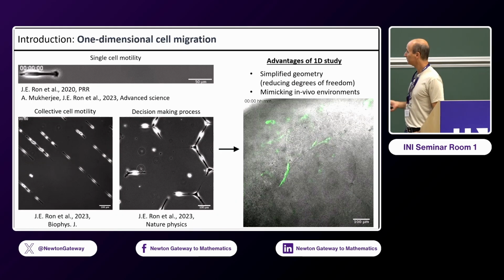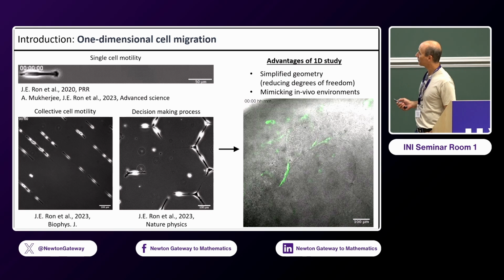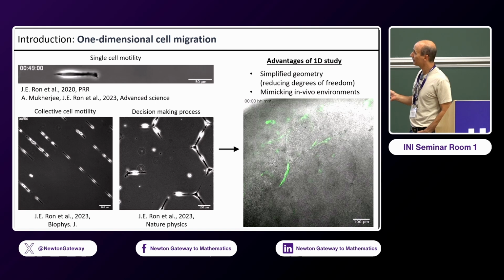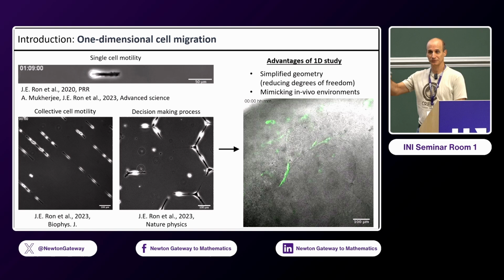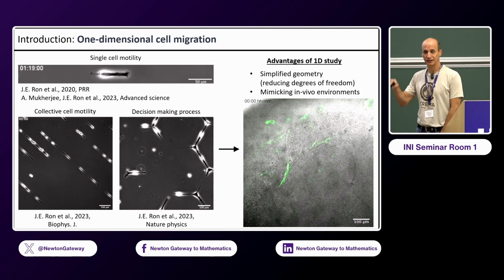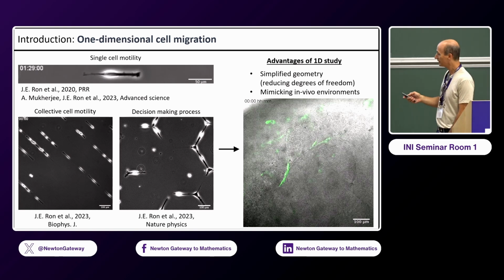So what will I be speaking about? I will be speaking about phenomena such as the one that you observe over there, where a cell has been placed on a linear track, meaning there is a linear track here which you don't see with your eyes, where there is adhesive substrate on which the cell can adhere and then start crawling.